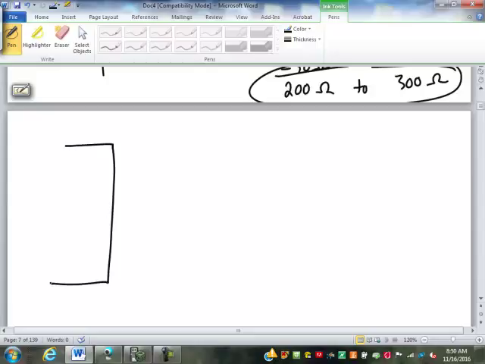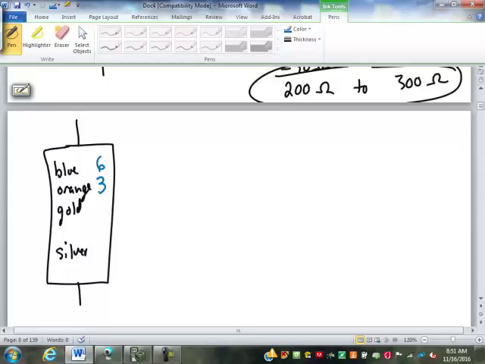So let's say I have blue, orange, gold, silver. What's blue stand for? 6, right? Orange is 3. Gold is times 0.1.